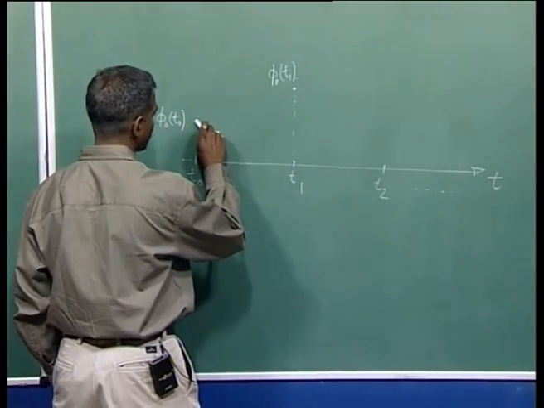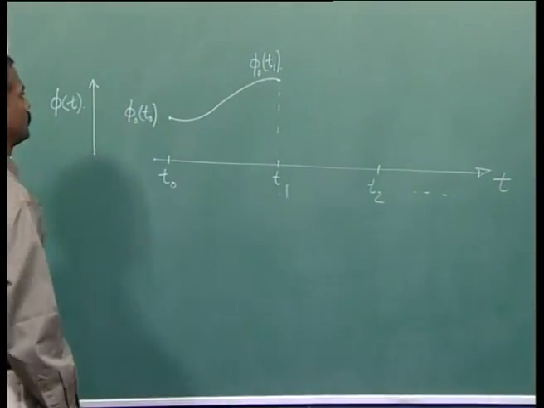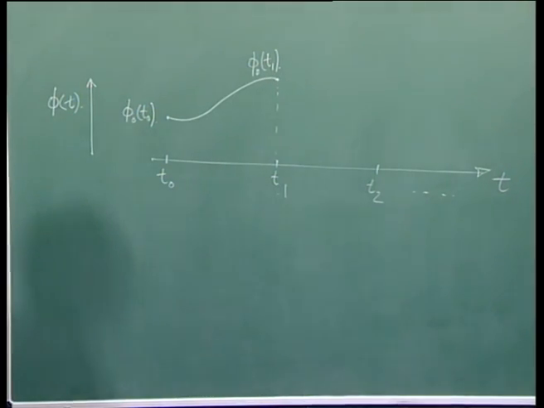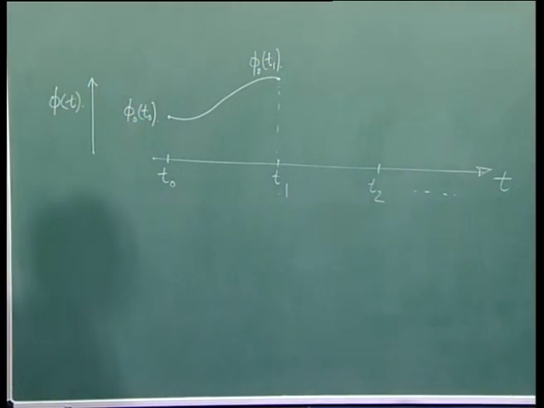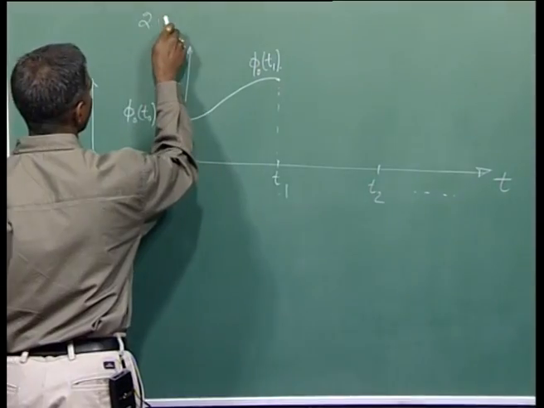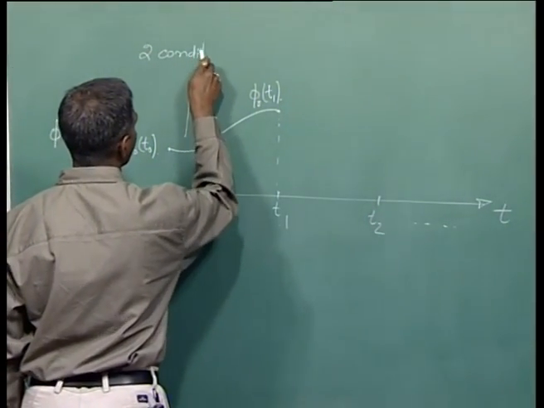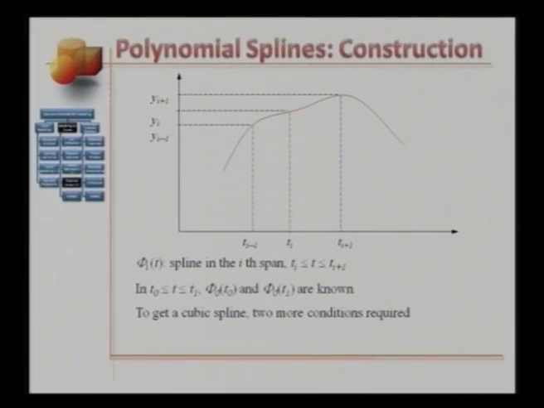Since I'm trying to construct a cubic polynomial, let it have a shape like this. I have these two conditions. I would need two more conditions. What are they? They can be the slope and the second derivative at the first parameter value.